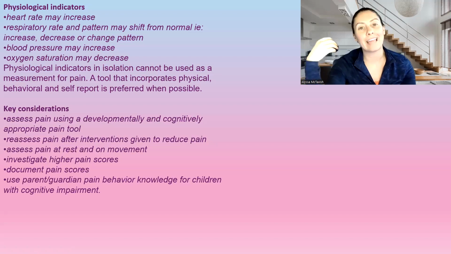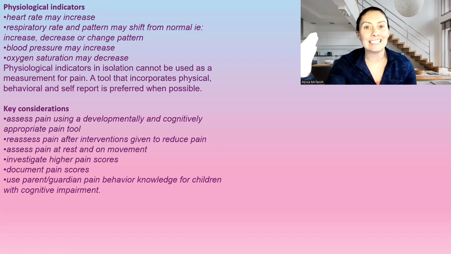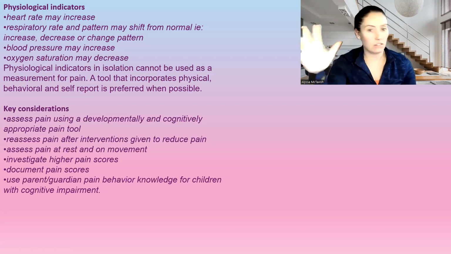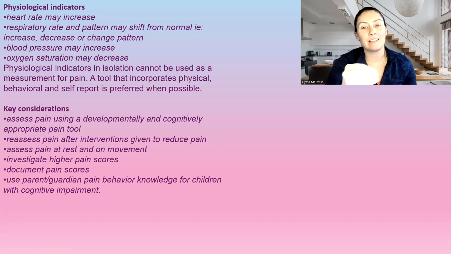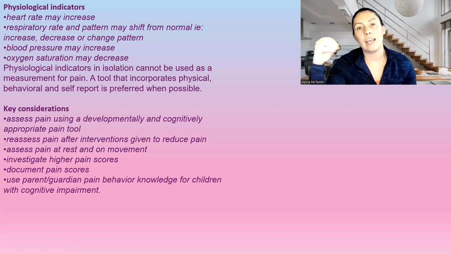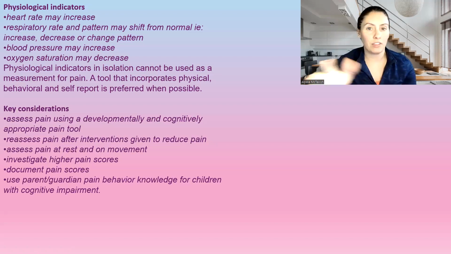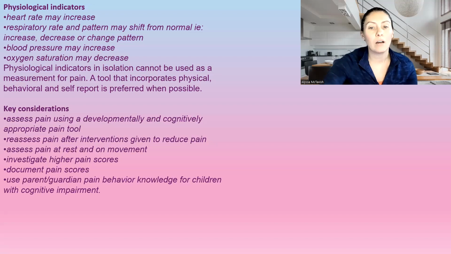Their blood pressure can increase, their oxygen saturation may decrease. Okay, and like I said, we can't just use this as the pain measuring tool. We have to assess, but this is a good indication also when we're assessing. So taking vitals, especially when they're in pain, and then after, when we go to do our reassessment of the pain medication, we're retaking vitals and seeing if things are equaling out.